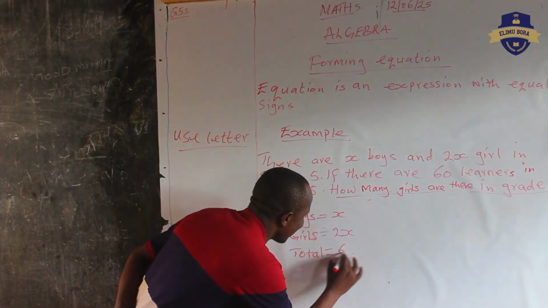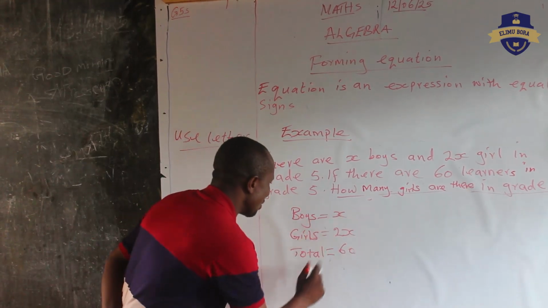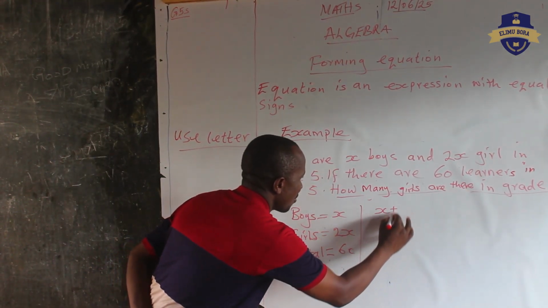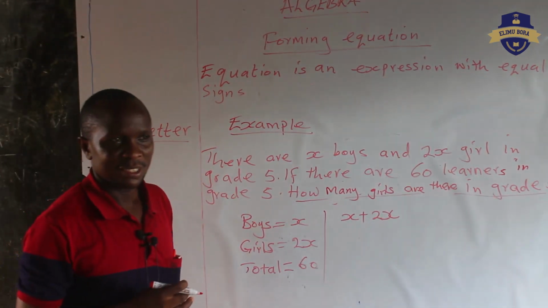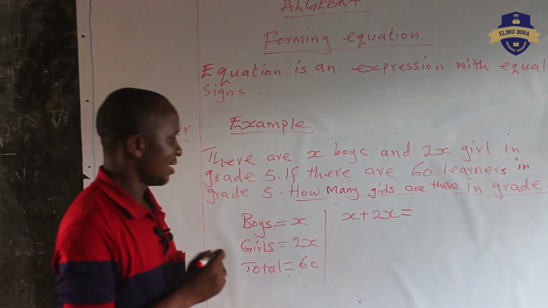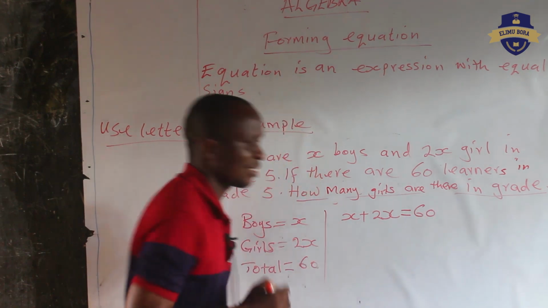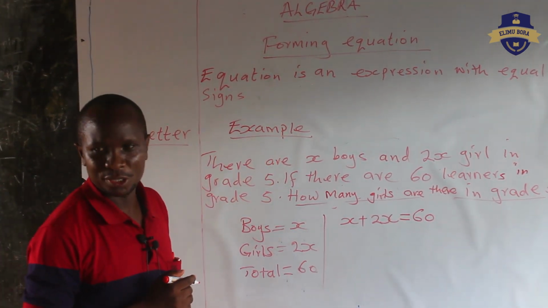They said the total is 60. So when we add X plus 2X, this is what we call an expression. But when we add the equal sign and put there the total number of learners, which is 60, this is now an equation.